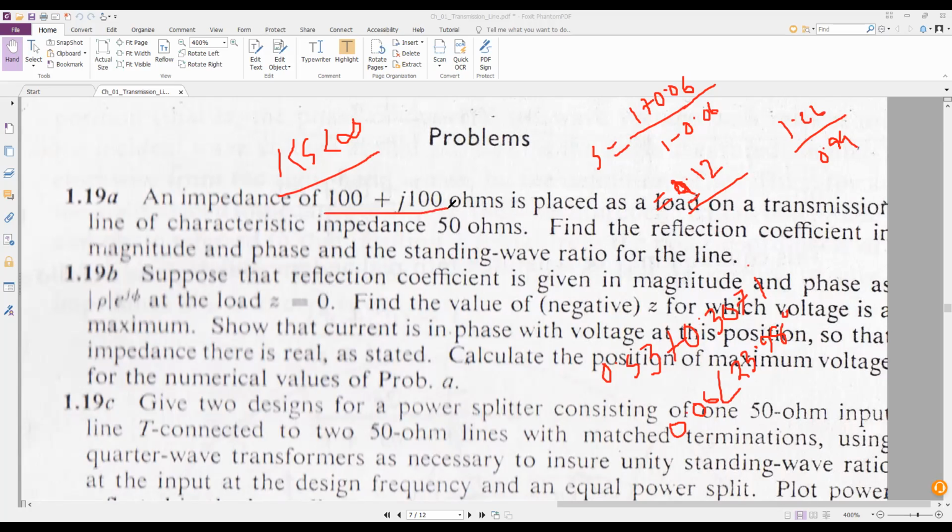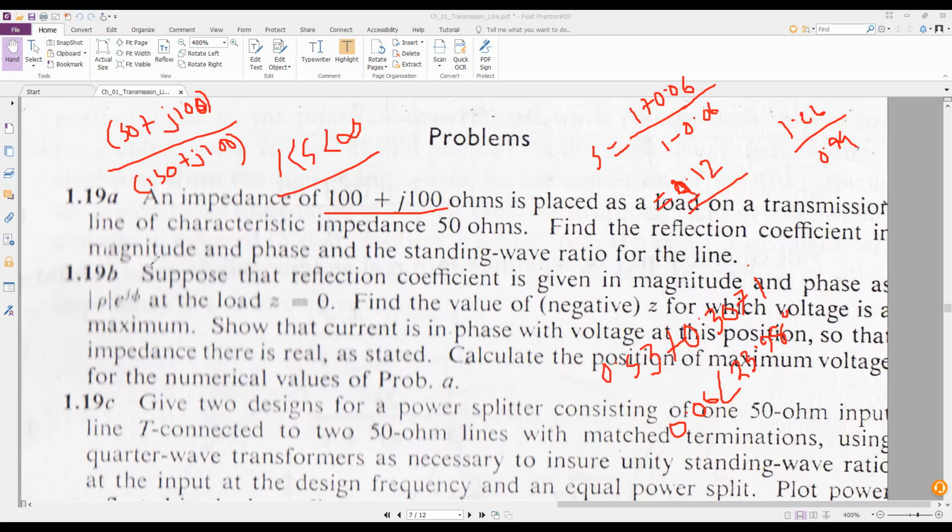Okay, see. So here what you have learned is that if you do not operate the calculator properly, it will give the wrong answer. You understand? So how to use the calculator? Upper part 50 plus j of 100. Use the bracket here, otherwise it will give the wrong answer. 150 plus j of 100.